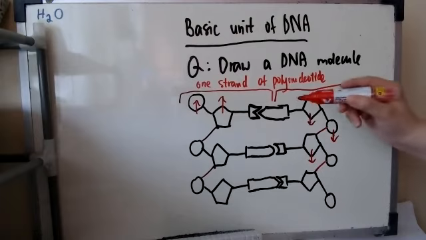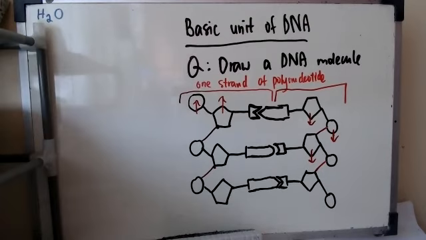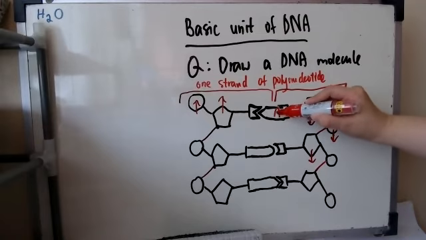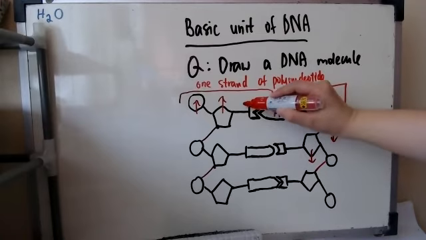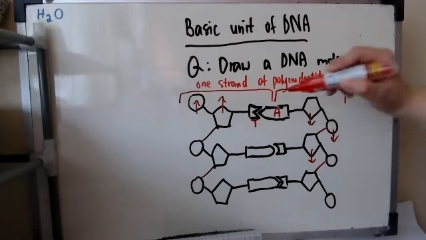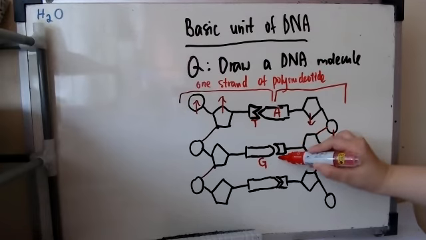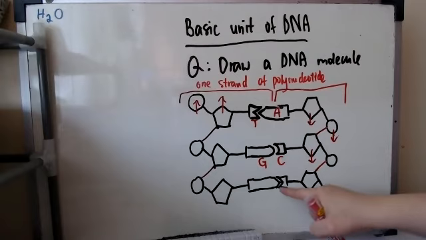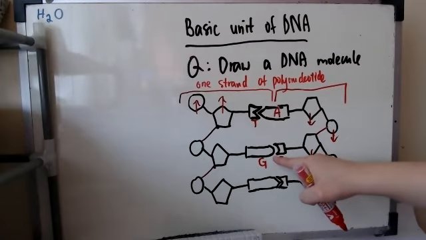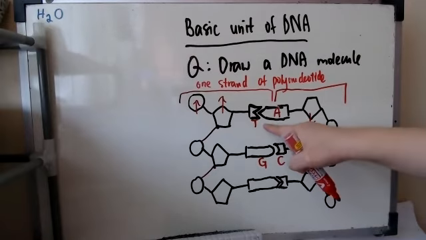So if this is A, A should be the bigger one, T is the smaller one. G is the bigger one, C is the smaller one. This one is sharp. This one is semicircle. So if this is sharp, it will take after this.